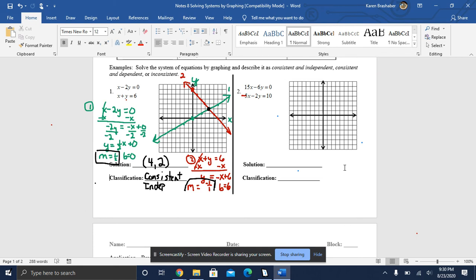So consistent and independent. And there is your first example.